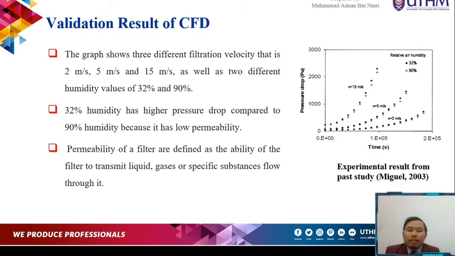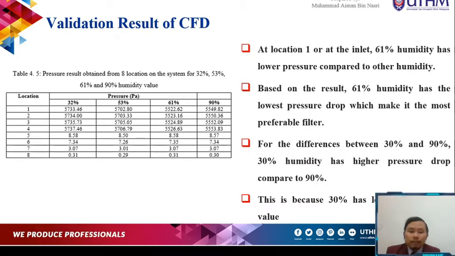The permeability of a filter is defined as the ability of the filter to transmit liquid, gases, or specific substances flowing through it. This is a validation result of CFD.